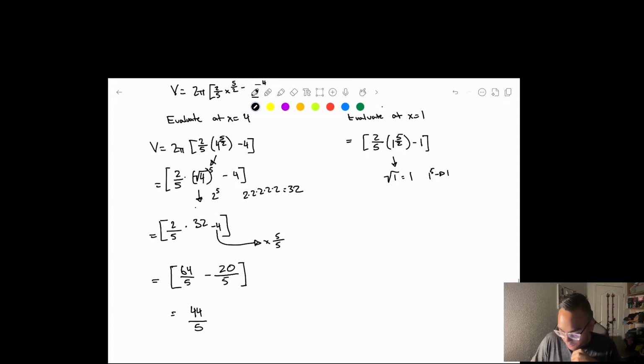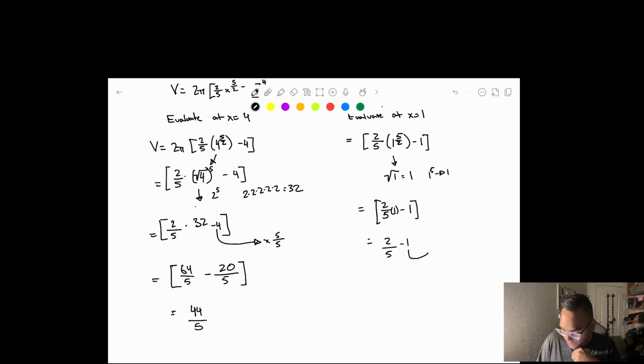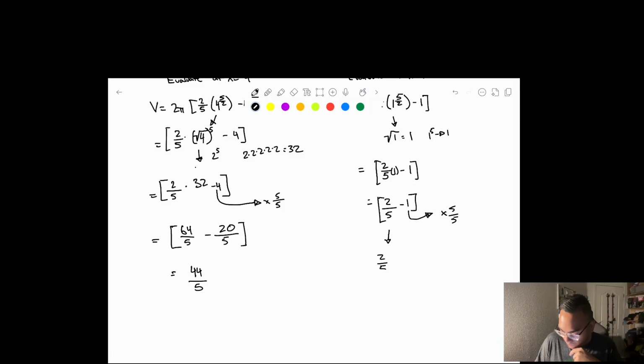So what this ends up becoming is just 2 over 5 minus 1. You can always do times 1, but it becomes 2 over 5 minus 1. And if we convert this to fraction form, so multiply this times 5 over 5, 2 fifths minus 5 over 5, what we get is negative 3 over 5.